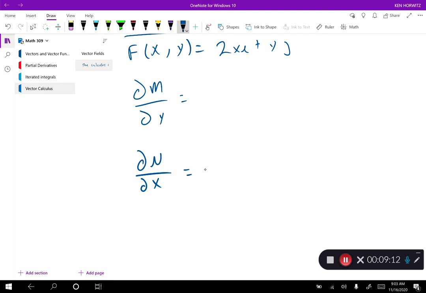Why don't you do those two partial derivatives again, and we'll talk on the back end. If you did those two partial derivatives, you should get 0 for both of them. So the answer is yes, the vector field is indeed conservative.